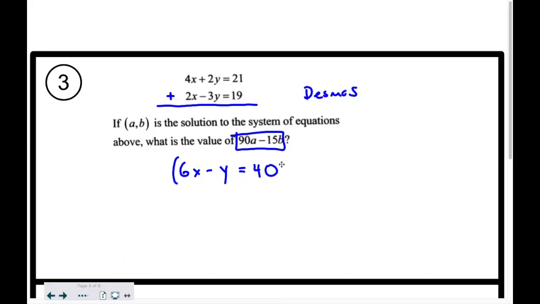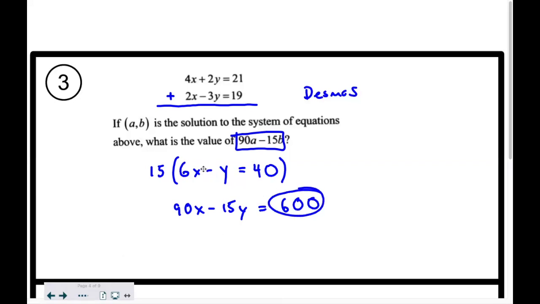And maybe we would notice that if I just multiply this by 15, because 15 times 6 is 90, I'm going to get 90x minus 15y equals 600. And then I'm just done. The answer is 600 because A and B are x and y.